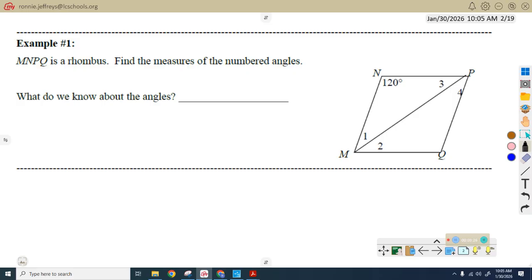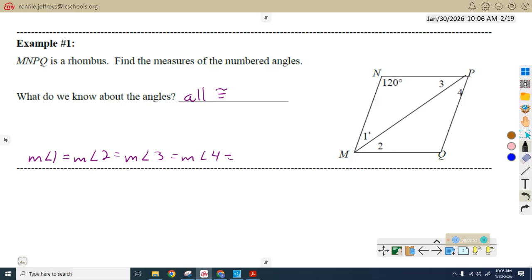Yes, thank you. They're all congruent. That means that the measure of angle 1 equals the measure of angle 2, which means it equals the measure of angle 3, which equals the measure of angle 4. Now we can find this out.